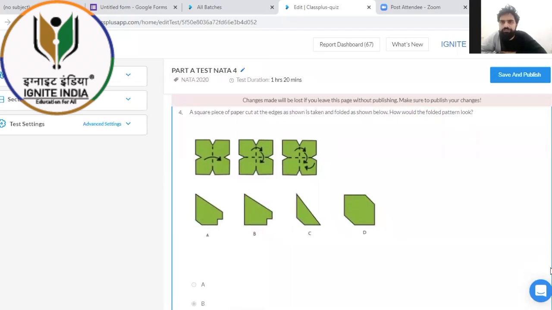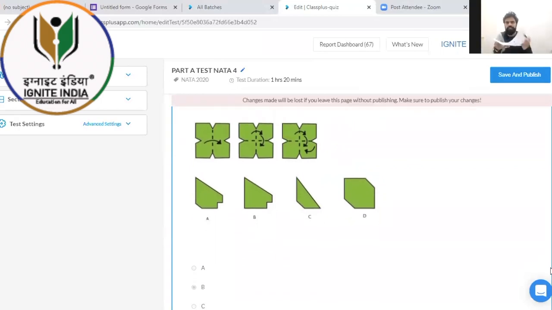Now this is MCQ. Here you need to find the square from a piece of paper that is cut. Step by step you will see the cutting has been done here, and then you have this paper and you start folding in the way it is mentioned. First you have to fold like this.